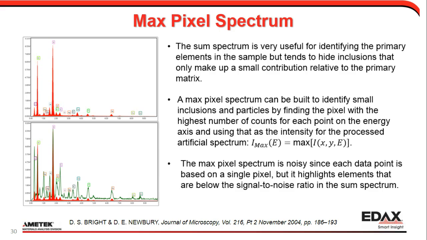From this green outline, you can see a bunch of peaks missing in the sum spectrum now show up in the maximum pixel spectrum. For example, it shows silver, which is hidden in the sum spectrum. The picture is kind of blurry, but we have the silver peak sticking up, and we don't have this peak in the sum spectrum.